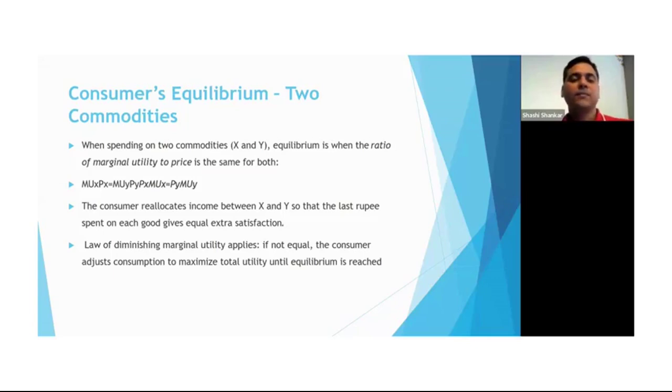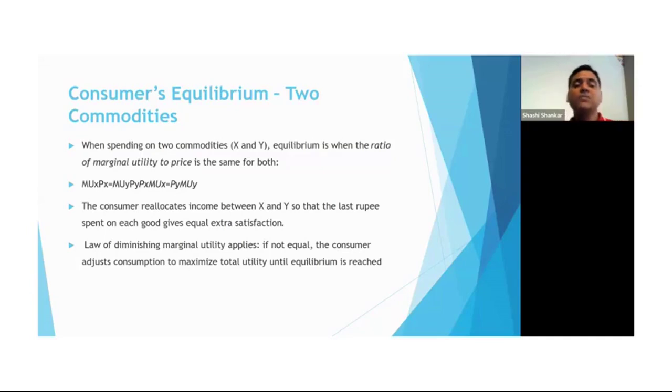Just to summarize, for one commodity, if the marginal utility is greater than the price, they can demand more till it reaches equilibrium. And if the marginal utility is lesser than the price, that means the price is high, so they start reducing the purchase of the goods till it reaches equilibrium.